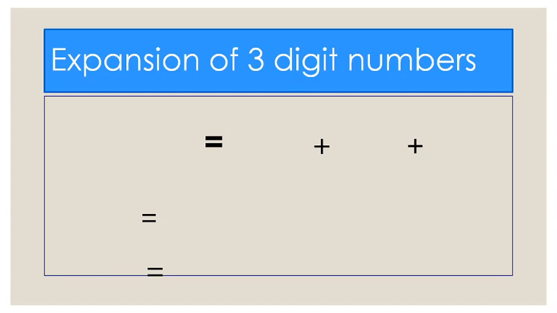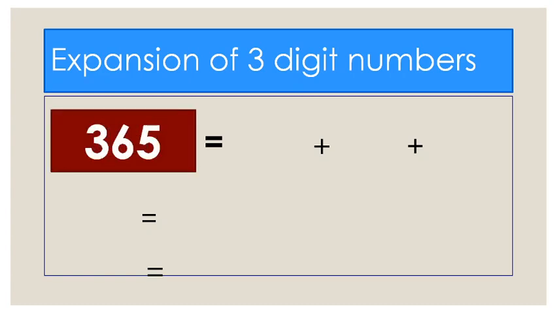Whenever you are writing any 3-digit number into words, the first step should be expansion of the number. Let's take a number. This is a combination of 3 digits. When you expand it, first find out the place value of the first digit. Here the first digit was 3 and it's placed in the position of hundreds.